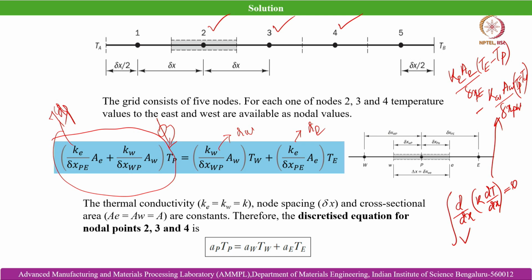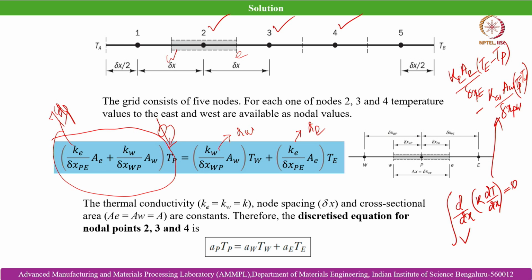Here we know the thermal conductivity at the east face and west face of the control volume. This is the typical control volume, with the east face and the west face. The value of k_e equals k_w equals k, because the thermal conductivity is constant throughout the circular rod.